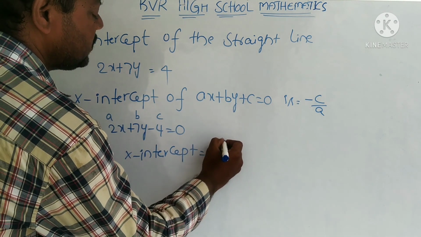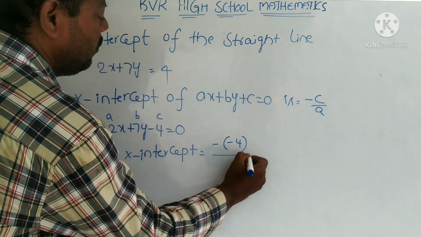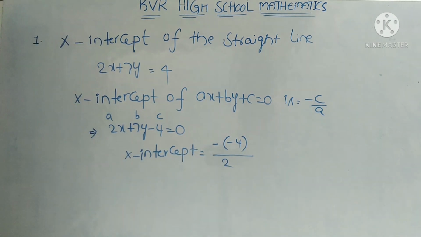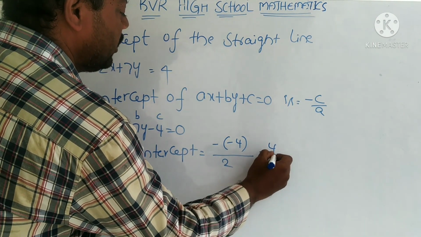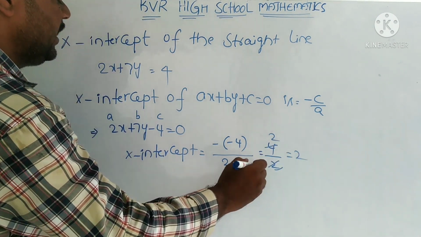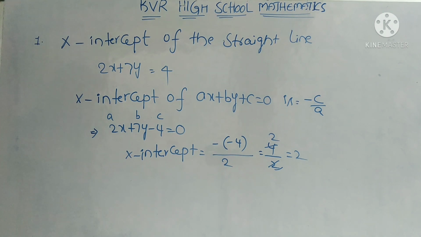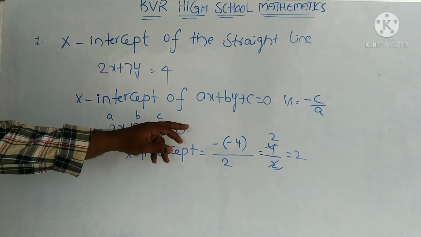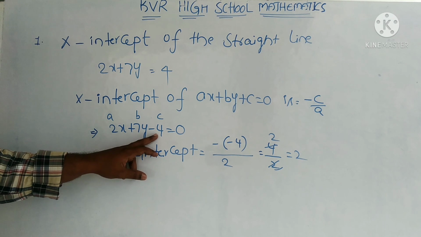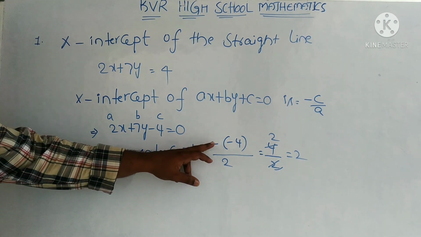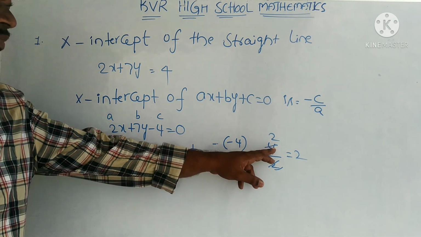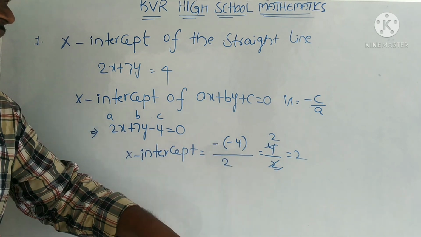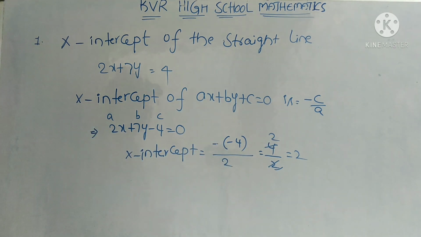That means minus of minus 4 by 2, so minus into minus is plus, 4 by 2. 2 ones, 2 twos get cancelled. So x intercept is 2.